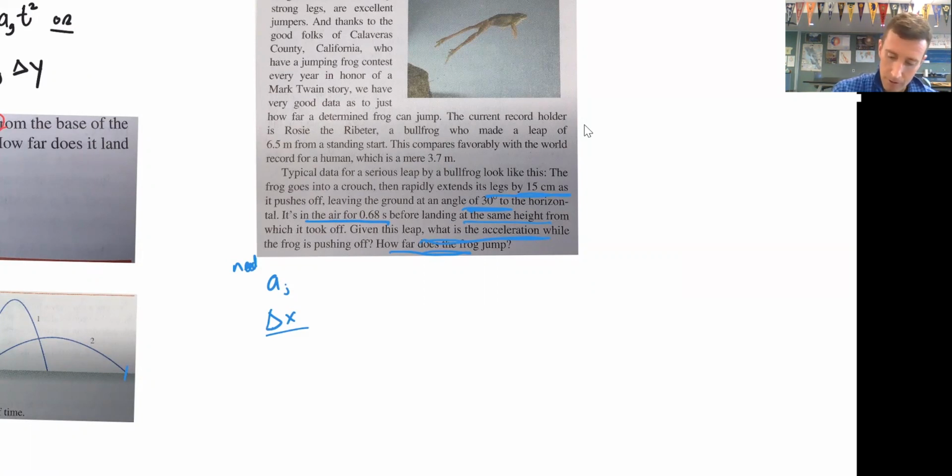So for my vertical components, I'm going to pay attention only to the jump itself. I'm given an angle of 30 degrees, a time of 0.68 seconds, and I'm given that y0 is equal to y final, which is equal to 0. It starts and ends on the ground, right?